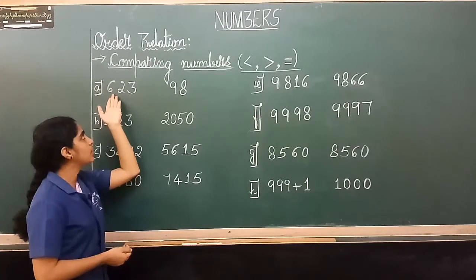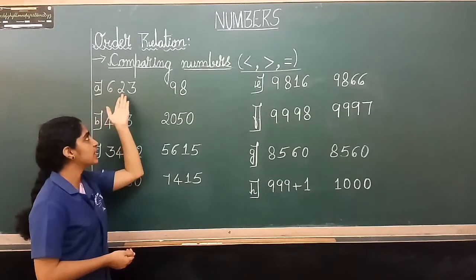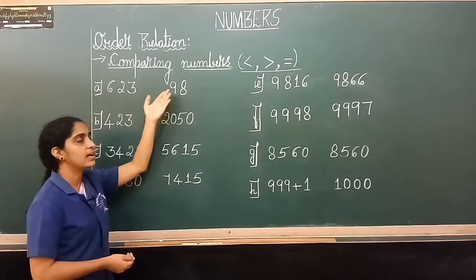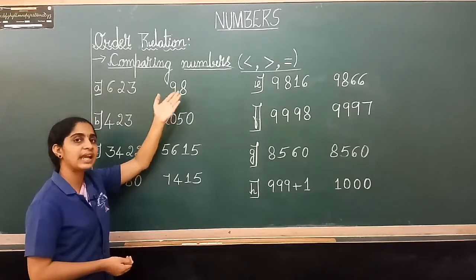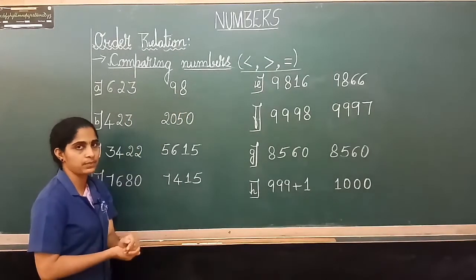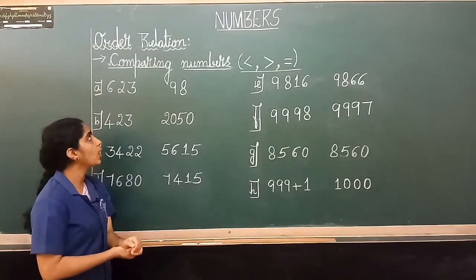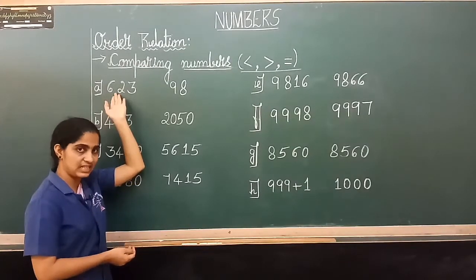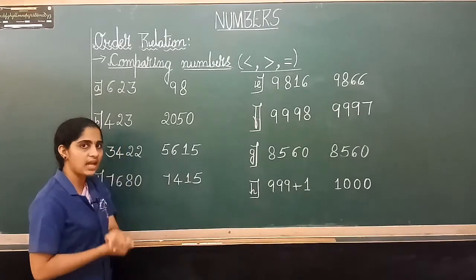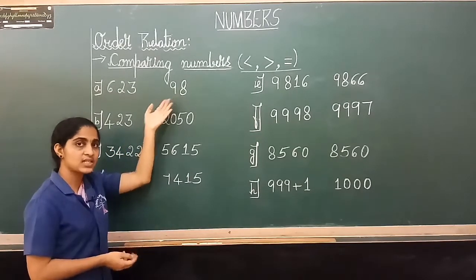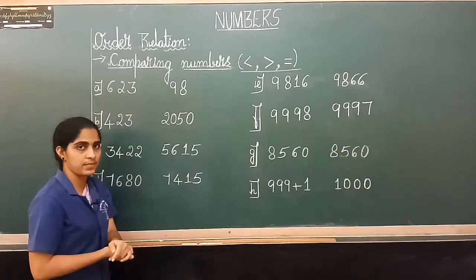Here we have the number 623. On the other side we have 98. Now we have to compare these two numbers using the symbol. You can observe that 623 is a 3-digit number, whereas 98 is a 2-digit number.